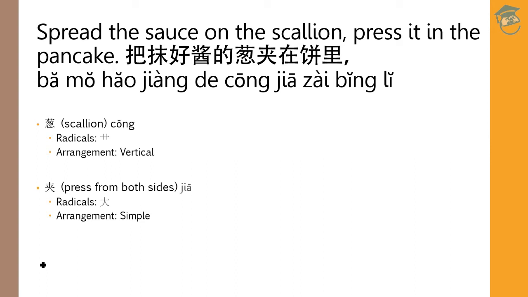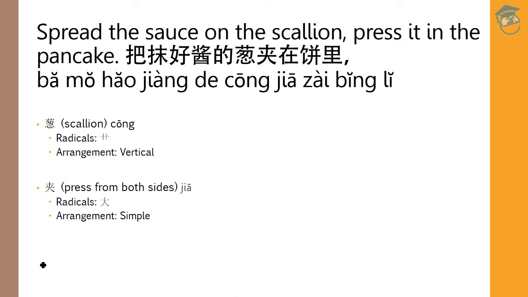What you do is you fold the scallion and also the slices of roast duck in a pancake and then press it together. Okay, just like a sandwich. Or you can imagine how the spring roll works.